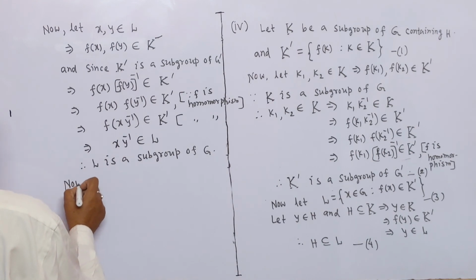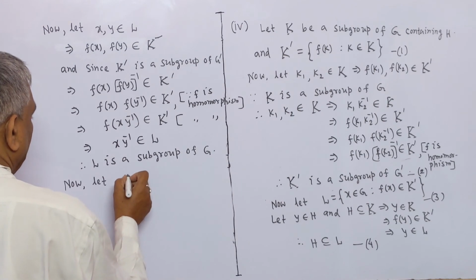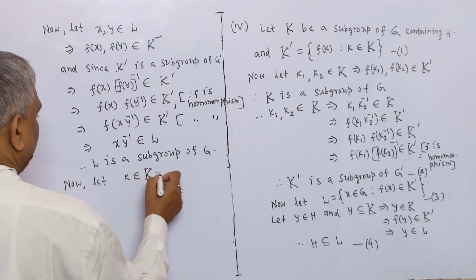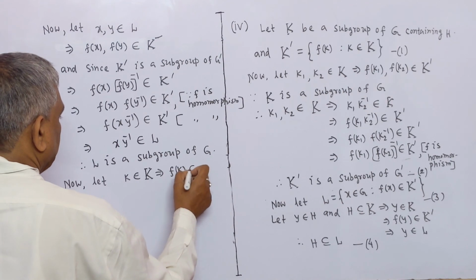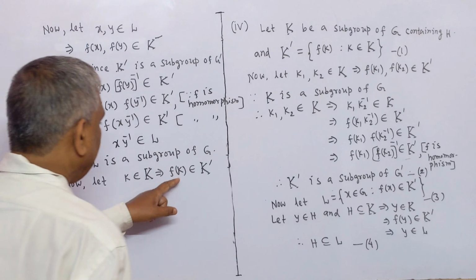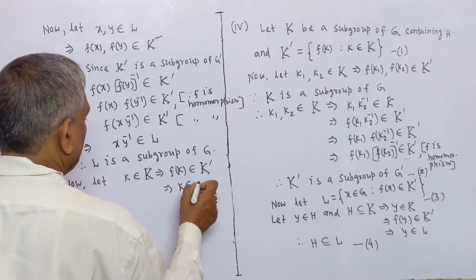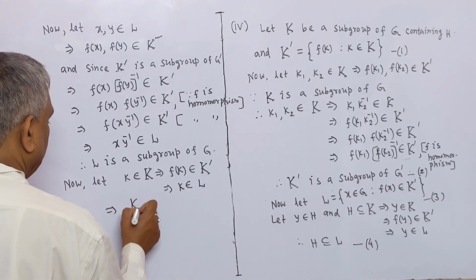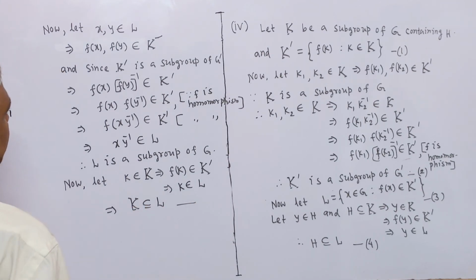Now, let small k belongs to capital K, implies that f k belongs to K prime, and f k belongs to K prime implies that k belongs to L, implies that K is subset of L. This is number 5.